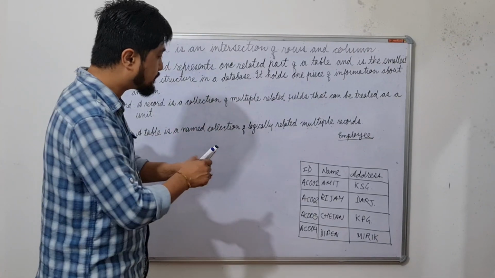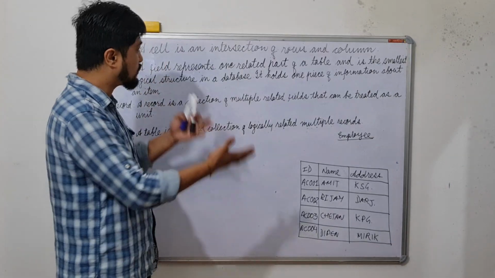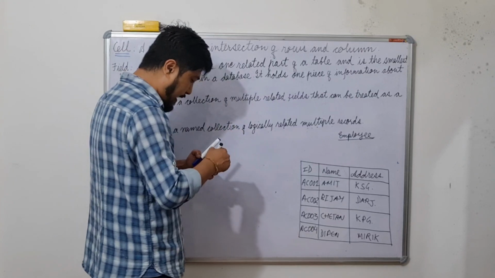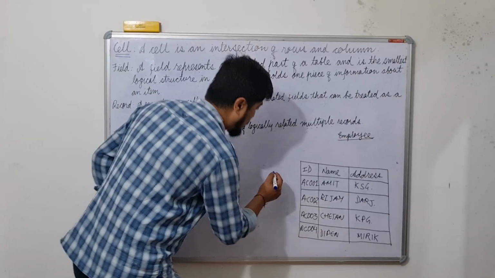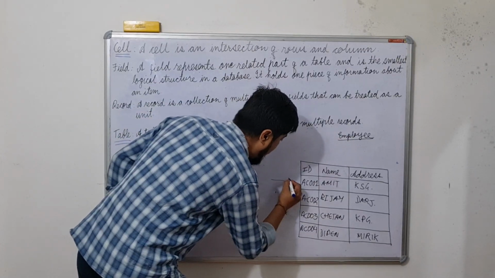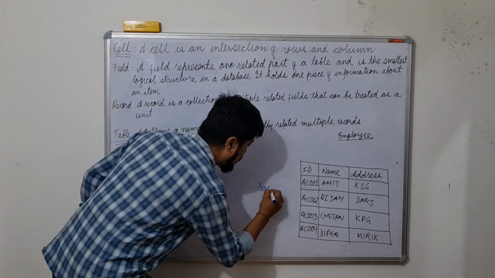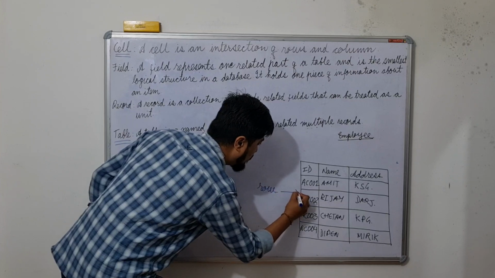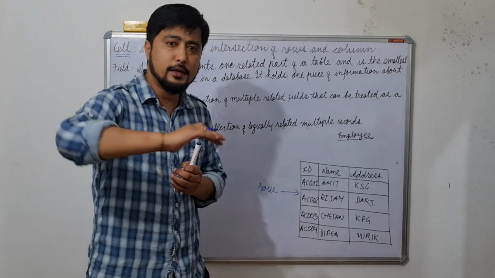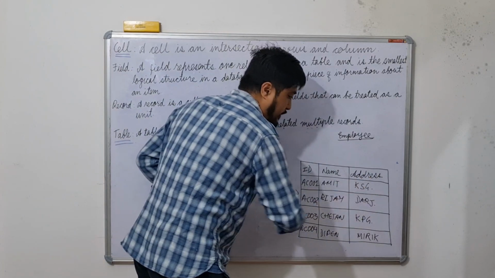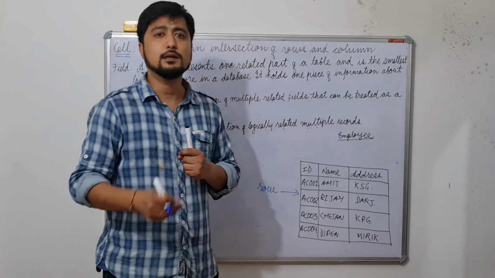Okay, so let us see this cell. Cell is the intersection of rows and columns. So we know that each of these horizontal parts is a row.